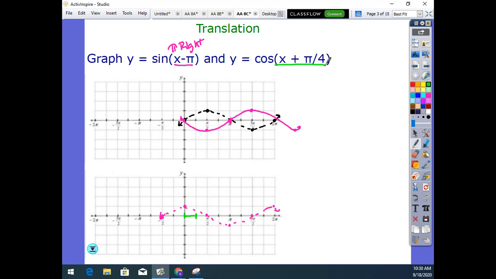I'm going to move everything left pi over 4. So that's just 1 hash mark. So this one moves here. This one moves here. Each one just gets shifted 1 spot to the left. You can see how that works.